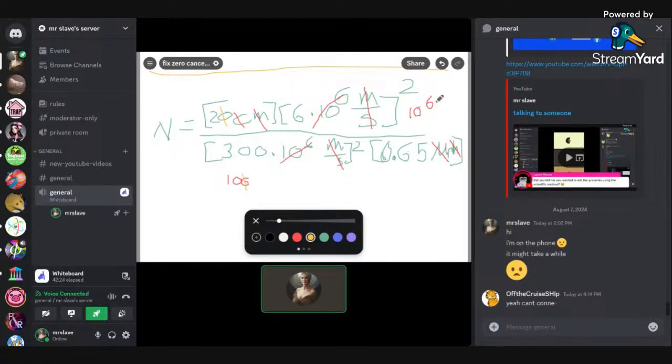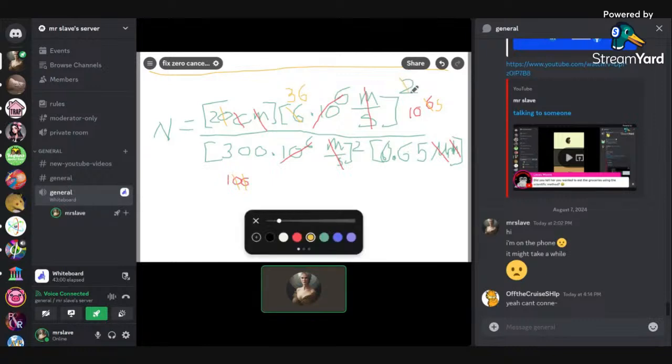So 10 to the 6 and 300 squared. So this is 100 squared is 10,000. Okay, but this is 10 to the 6. So let's just go one more 0, and this goes to 5. That's too big. And this 6 becomes 5. Okay. Six times 6 is 36. This becomes 36.